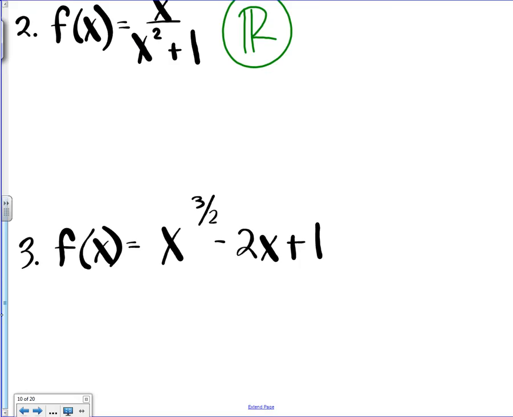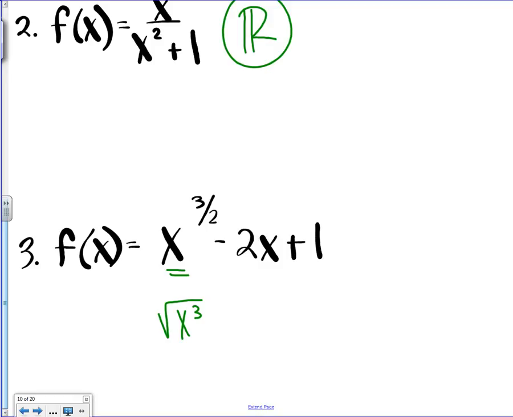Number 3. If you take a look at this, you might be concerned and realize that this portion right here really means that. And you know that we have issues with square roots when they're negative. Well, are negative numbers in this domain?